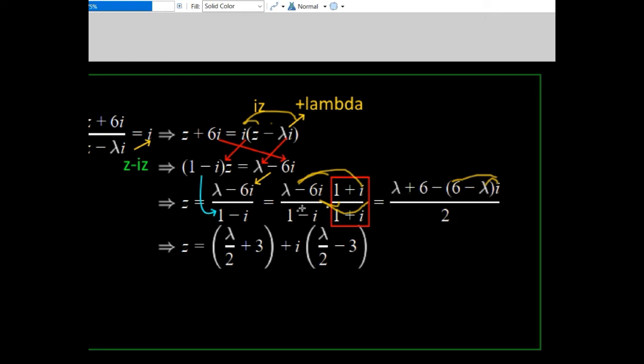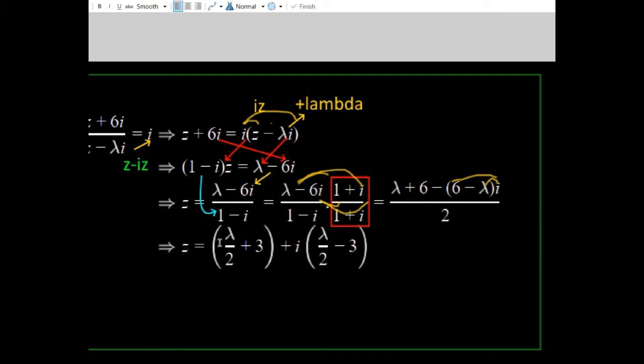Now, just as a point here, when I finally make this last part, you can see that there is no reason why I could not have rewritten this as lambda plus 6 divided by 2 plus 6 minus lambda also divided by 2. That is the equivalent writing.